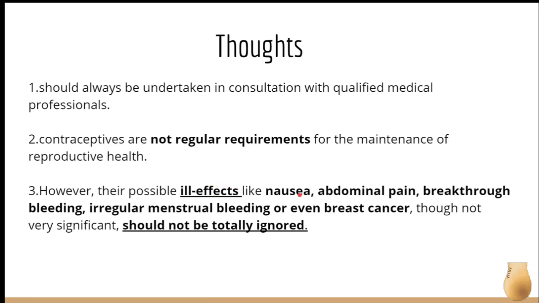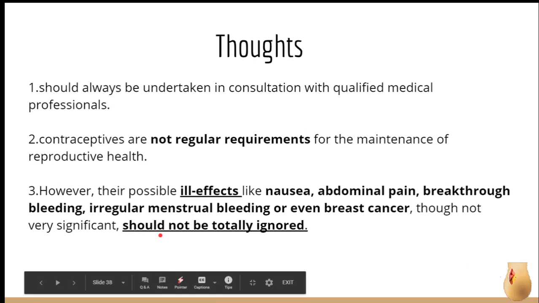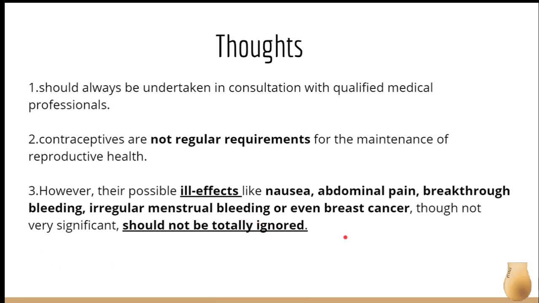Nausea, abdominal pains, breakthrough bleeding, even irregular menstrual bleeding, or even breast cancer are some of the side effects if we constantly use the contraceptive devices. And please remember, it should not be totally ignored. These are the three thoughts which you are supposed to know before using the contraceptive devices. Okay, now let's move into the next one.